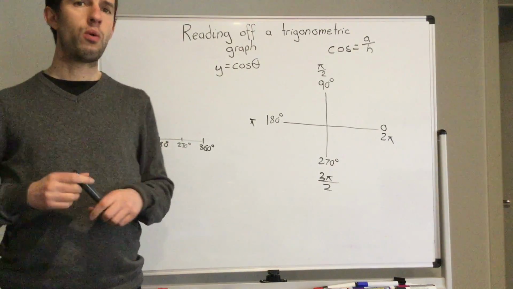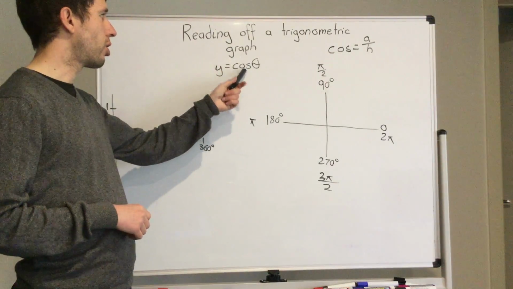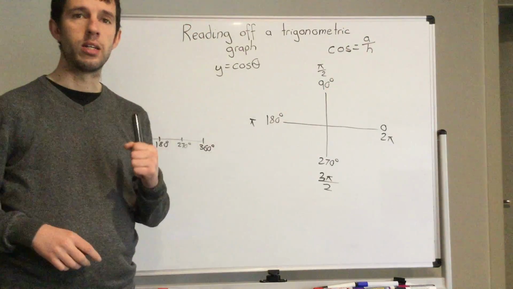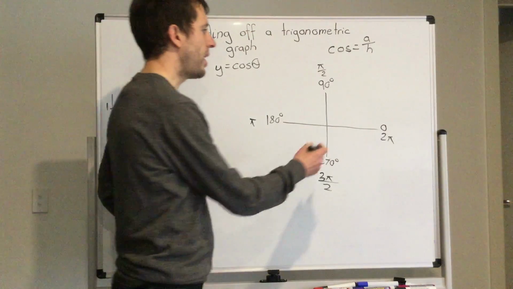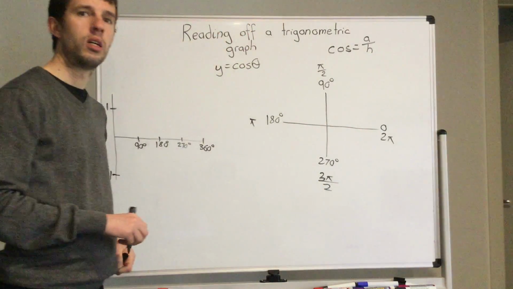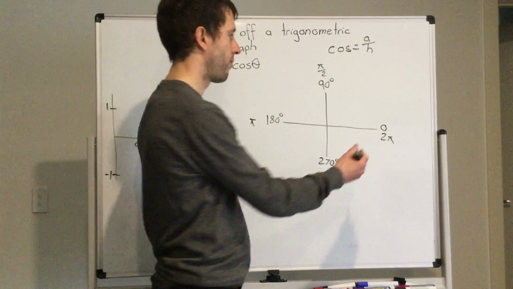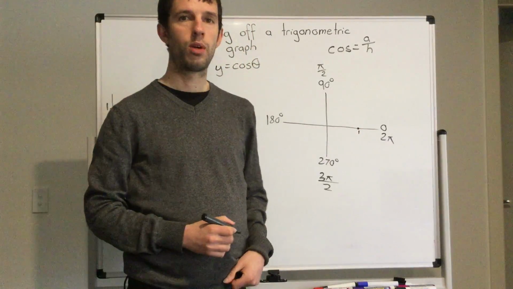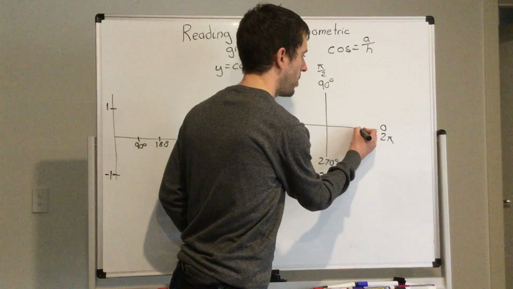Now the next thing I would like you to think about is in regards to cosine. Cosine is thinking about the adjacent. Adjacent, remember, is x. So when our graph is at 0 degrees, we know x is going to be 1, because that's the outside of our circle.